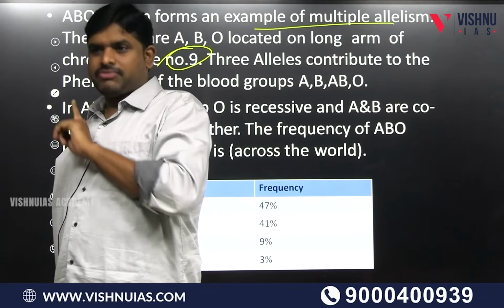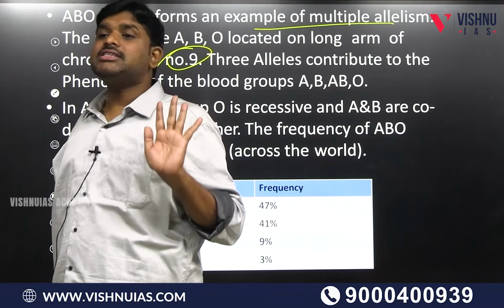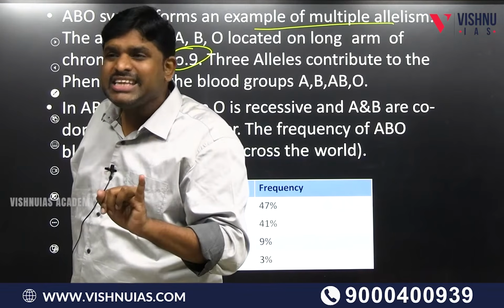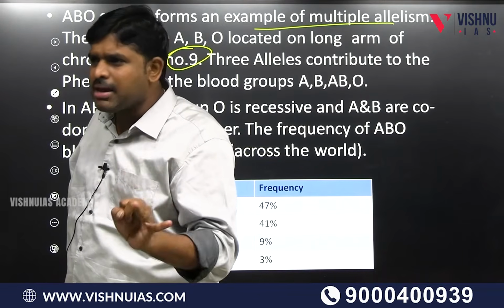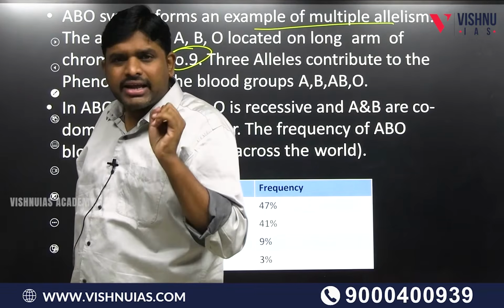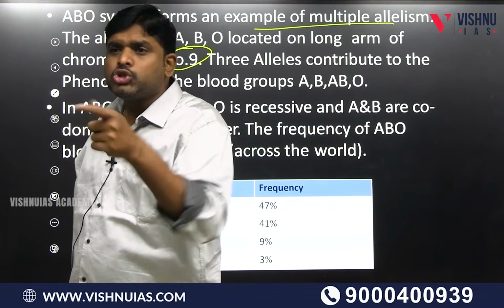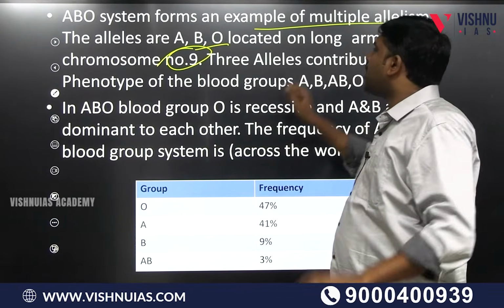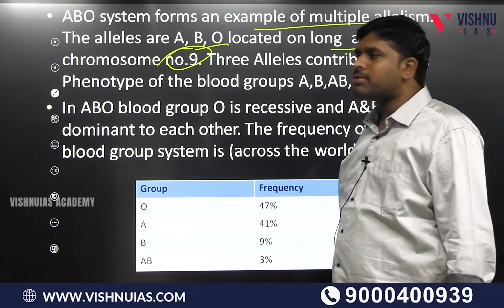At the population level, when I am seeing from outside the population, it is genetic polymorphism. When I am seeing at the individual level, it can be A, it can be B, it can be AB, it can be O. So, multiple possibilities can be found. The alleles A, B, O are located on the long arm of chromosome number 9.